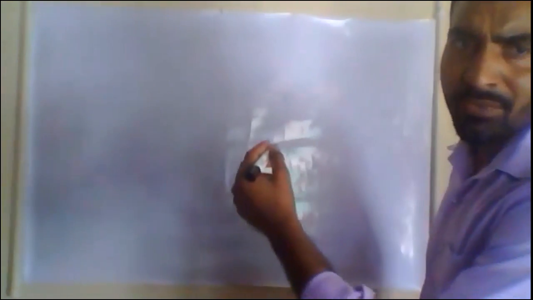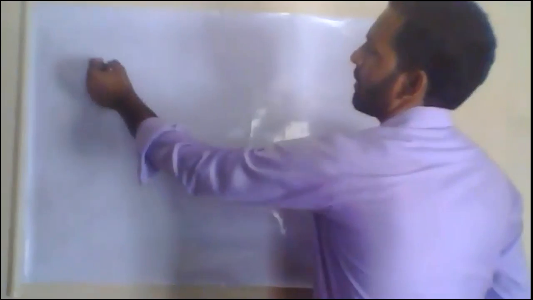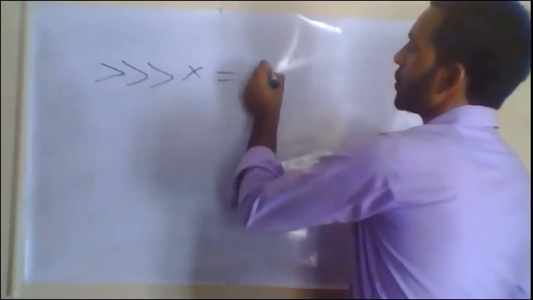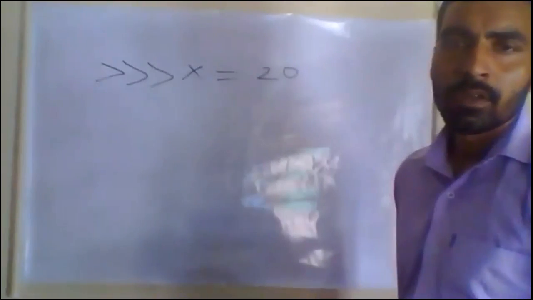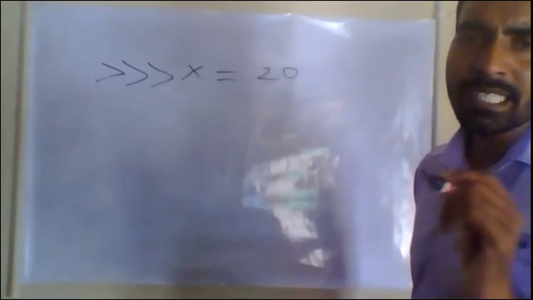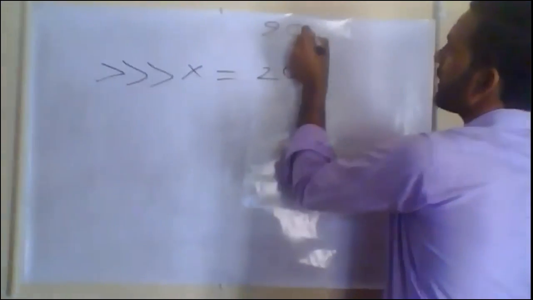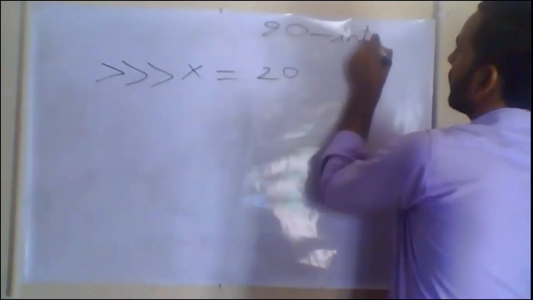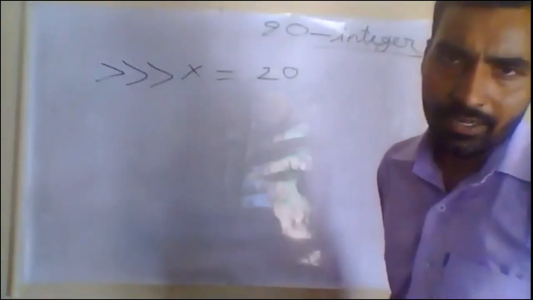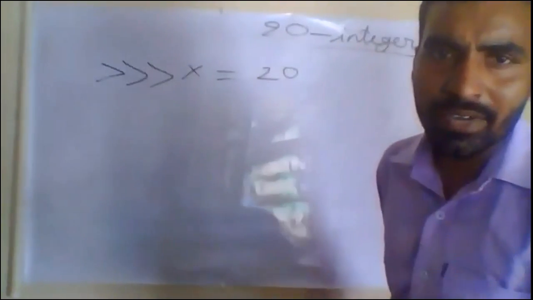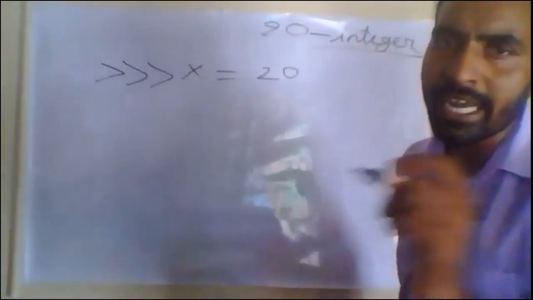Like, the first time we have given in Python, first time we are writing x equal to 20. So you can simply say that 20 is an integer. 20 is a numeric value and that also of integer type.